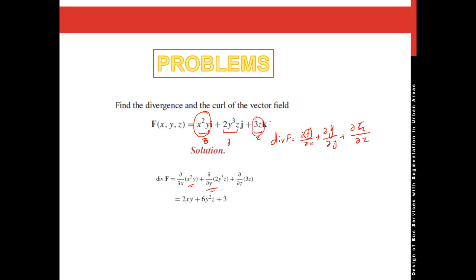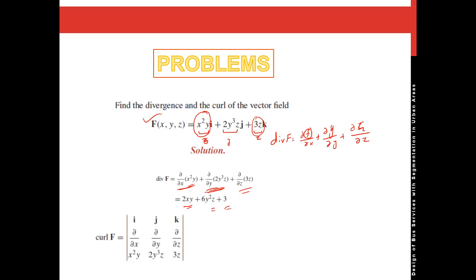Now if we differentiate with respect to x, we will get 2xy. If we differentiate this with respect to y, then x and z are constant, so we get 6y²z. And differentiating 3z with respect to z gives 3. So that is the divergence of this vector field.